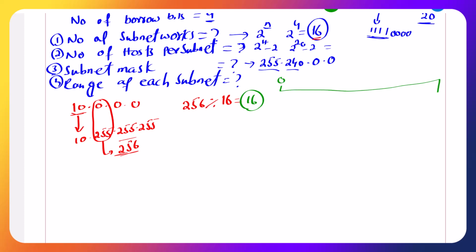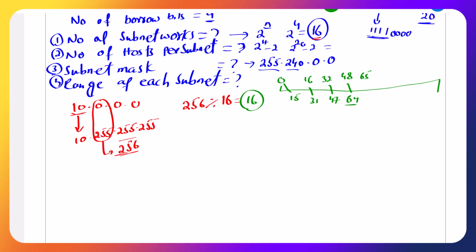Like this: from 0 to 15, from 16 to 31, from 32 to 47, from 48 to 63, then 64. If you are confused, what will be the next? Very simple.